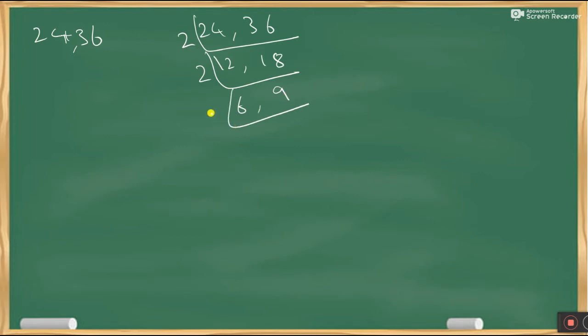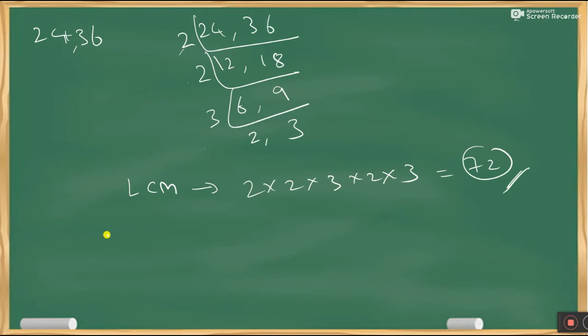So both the numbers go with 3, 3 2s are 6, 3 3s are 9. Now there is no common term. So LCM of the given numbers is, just multiply these numbers, 2 into 2 into 3 into 2 into 3. 2 4s are 8, 4 to the 12, 12 to the 24, 24 3s are 72. So 72 is the LCM of the two given numbers, 24 and 36.